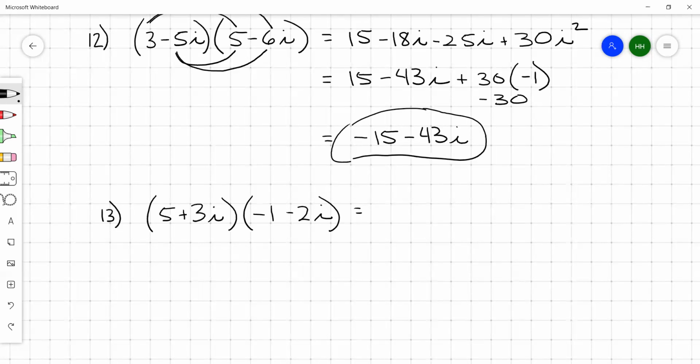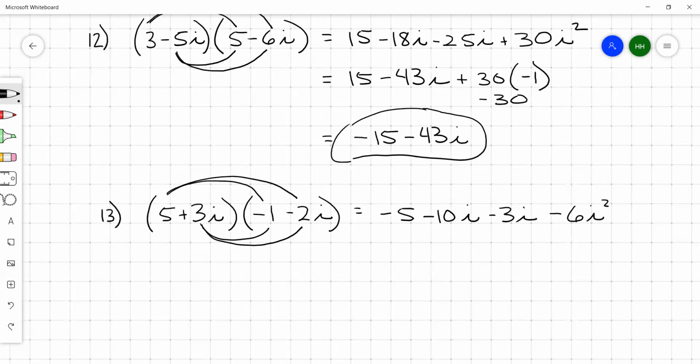Same procedure. 5 times negative 1 is negative 5. 5 times negative 2i is negative 10i. 3i times negative 1 is negative 3i. 3i times negative 2i, negative 6i squared. Negative 5 comes down. Negative 10 minus 3i is negative 13i.